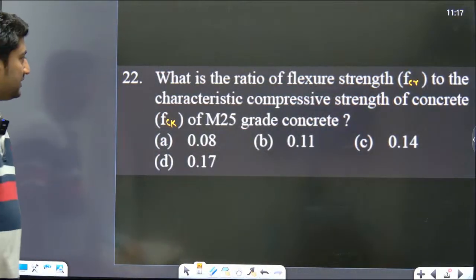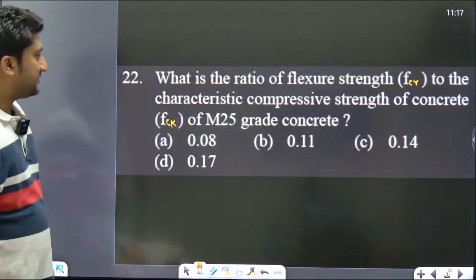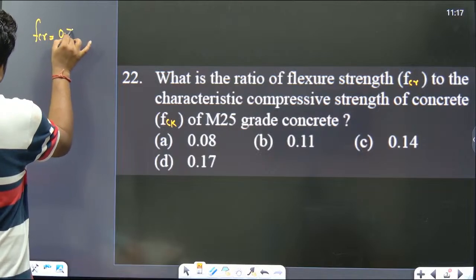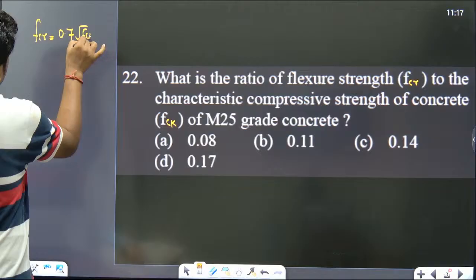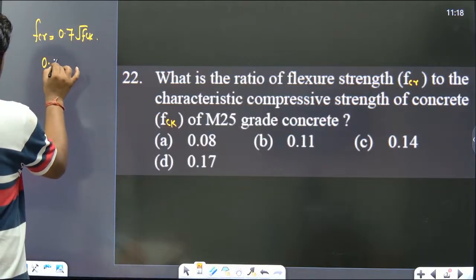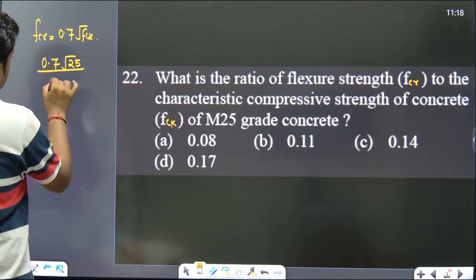Now, very good. What is the ratio of flexural strength fcr to the characteristic compressive strength of concrete? fcr is 0.7 under root of fck. Look very carefully: 0.7 under root of 25 upon the characteristic compressive strength, which is 25.